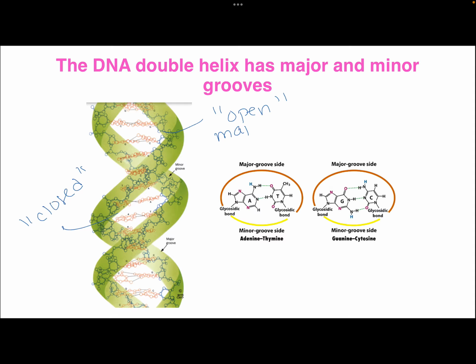This is called the major groove. And you can distinguish this in a couple of ways. The first is that it's more open. The second is that what that openness actually means is that in the major groove, we can distinguish between which base pairs are interacting with each other. So we can tell what the base pair is.